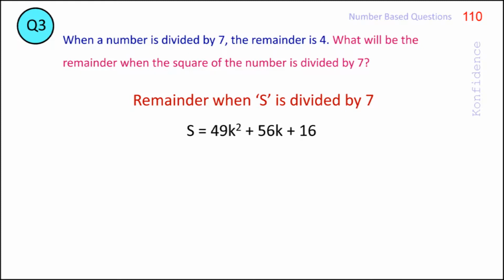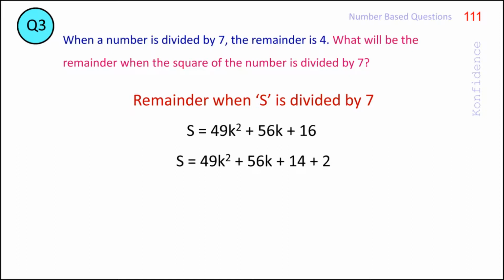49k square plus 56k plus 16 can be rewritten as 49k square plus 56k plus 14 plus 2. Why did we write 16 as 14 plus 2? We did it because 14 is divisible by 7 and 2 is not.